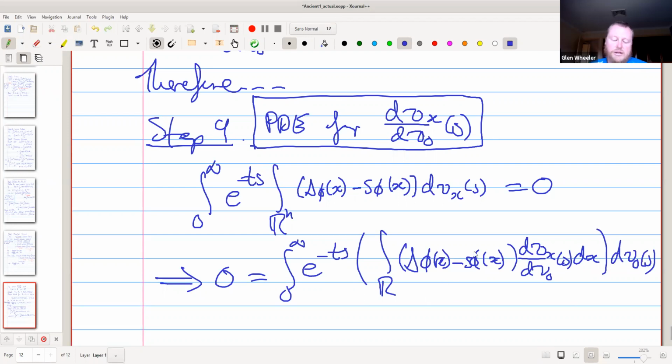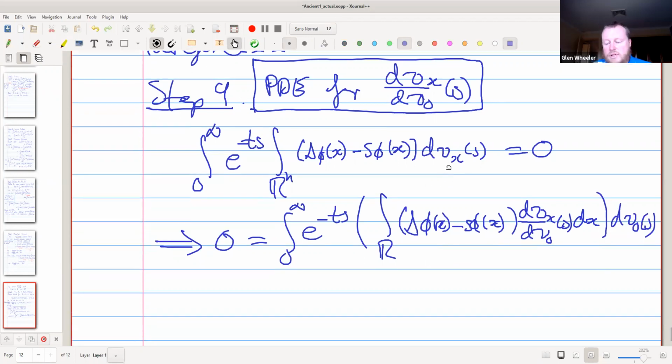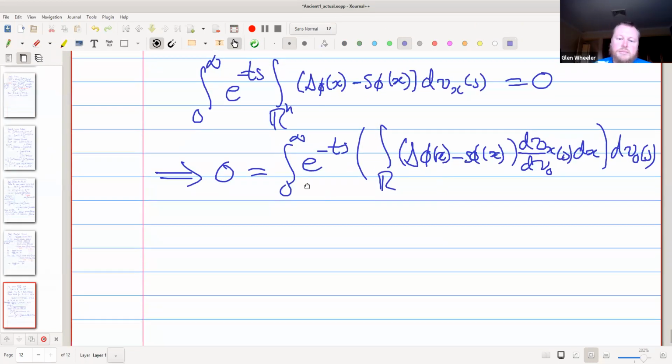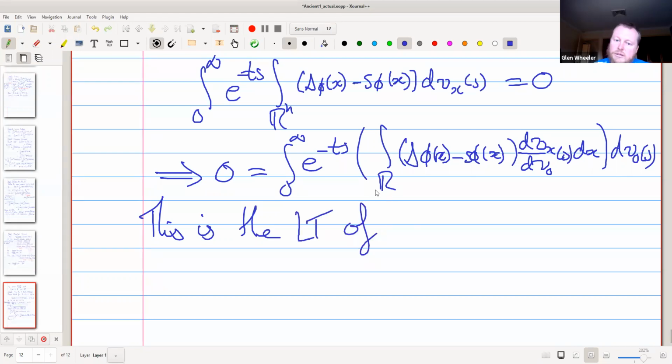Now what this means is that for ν_0 almost every s, this is the Laplace transform of a signed measure. Let's do it like this. This is the Laplace transform of this signed measure.